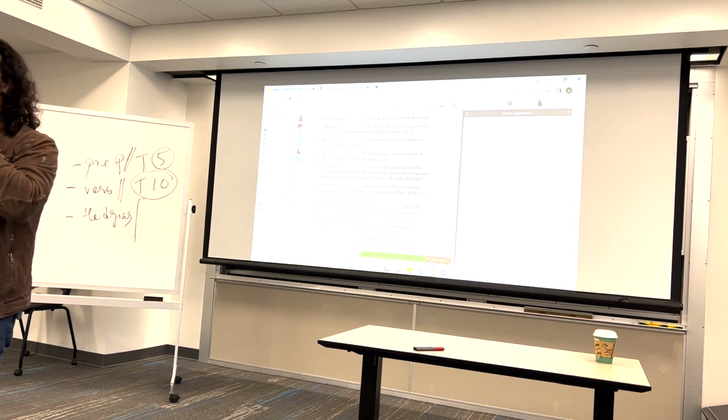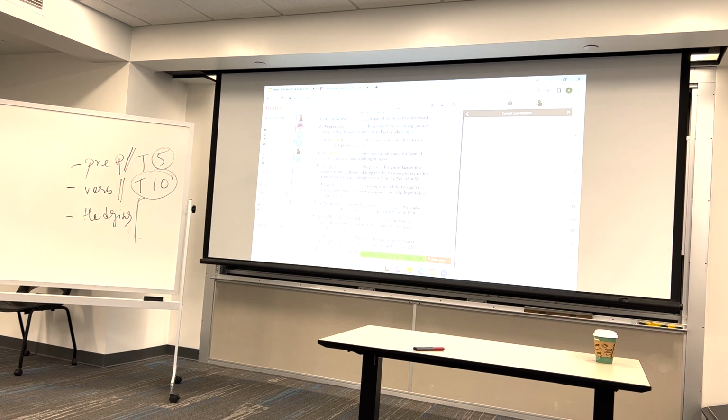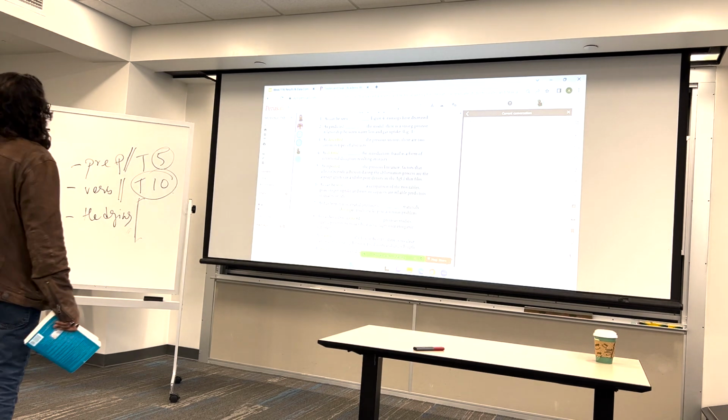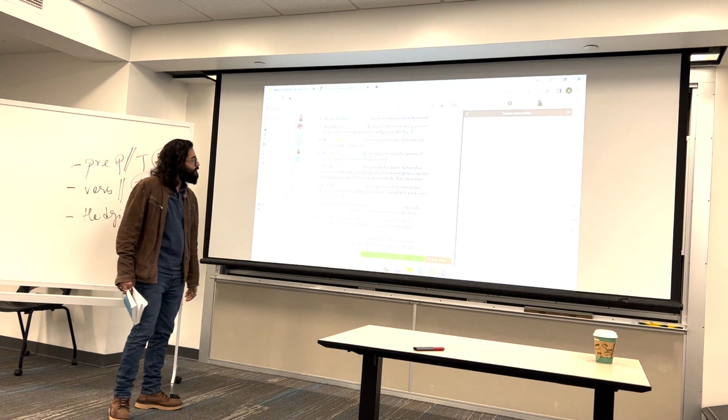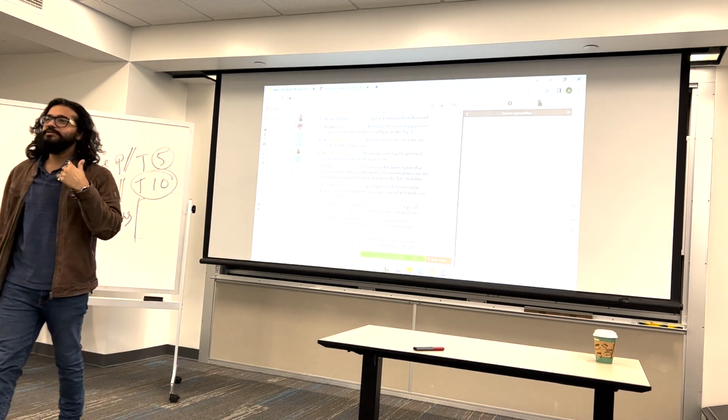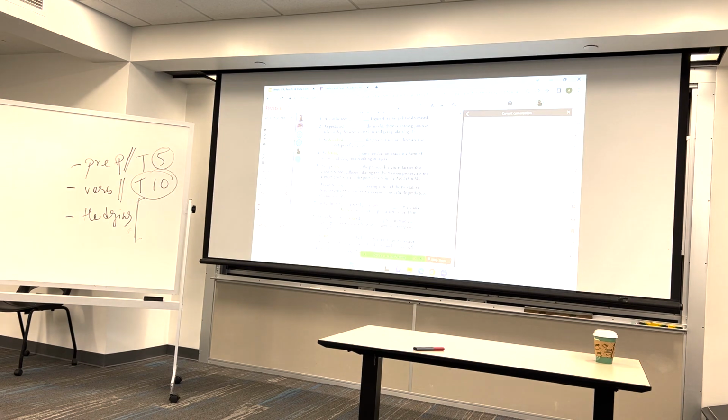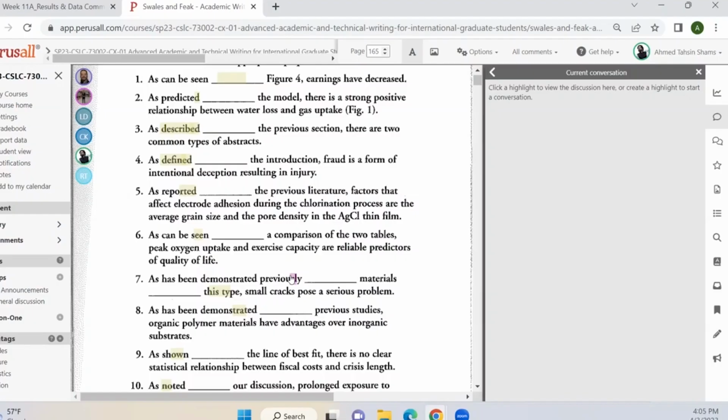We agreed on on. I would say it's in: seen in a comparison. As can be seen in a comparison of the two tables.